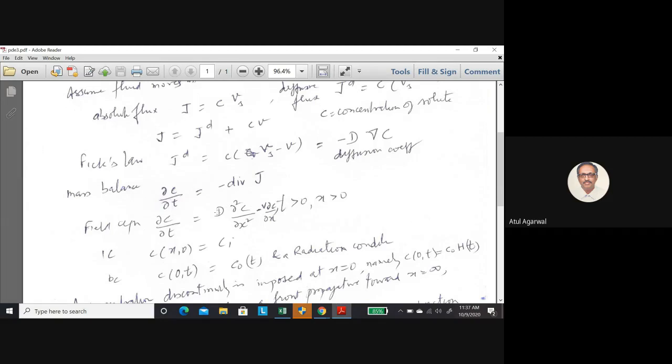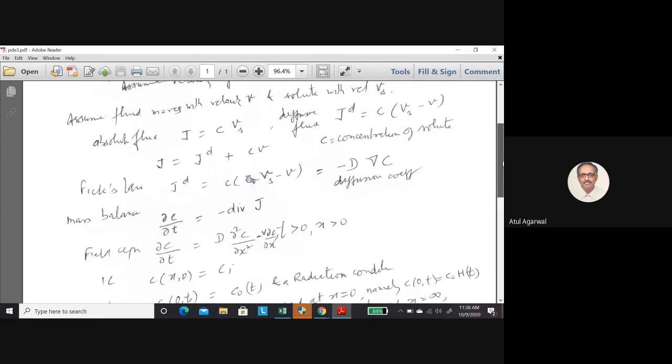You see, this term represents the divergence of flux due to diffusion, and this is the convective effect, or the outflow of solute due to the fluid velocity.